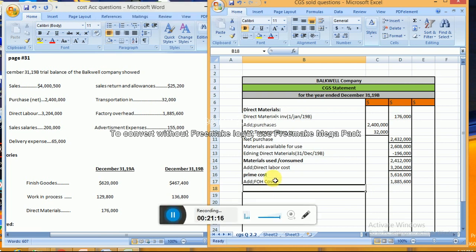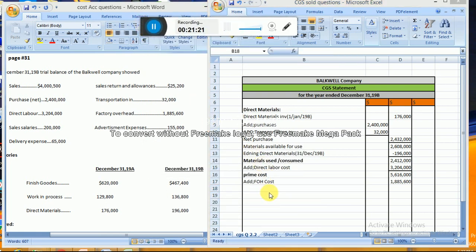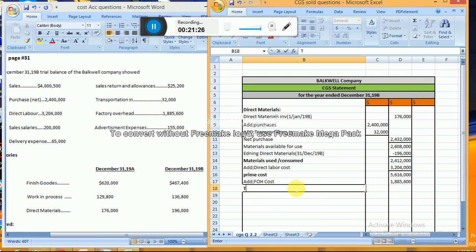So look at, when we add the factory overhead cost with the prime cost, this is called total manufacturing cost, or this is called total work in process, or this is also called factory cost. So don't be confused.